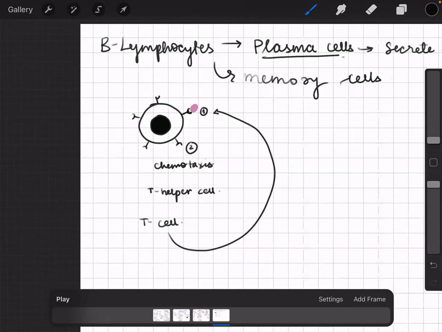Just having the eggs with you doesn't really help your case. That's exactly how it works with your B lymphocytes as well. They are going to be doing this function, yes, but in order to finish that function, there are several activities that they need to finish.